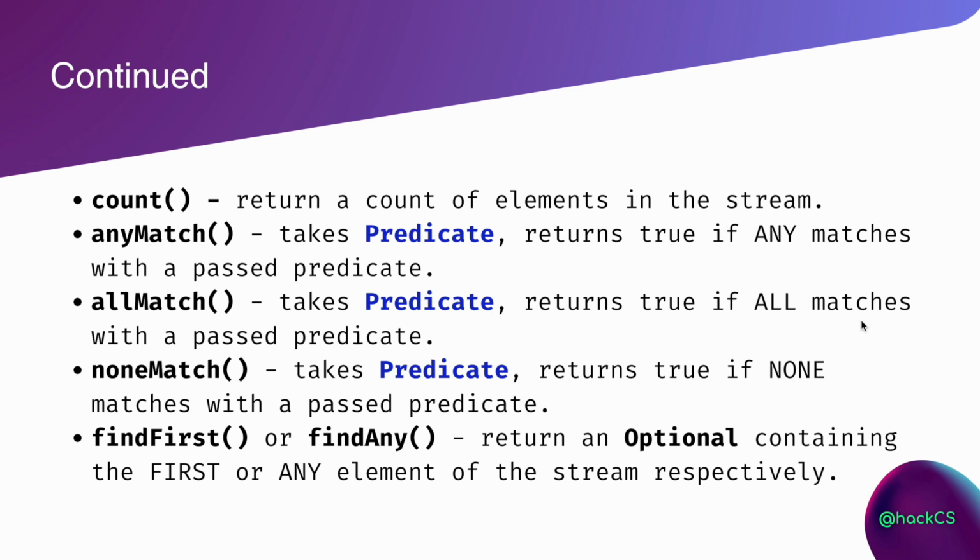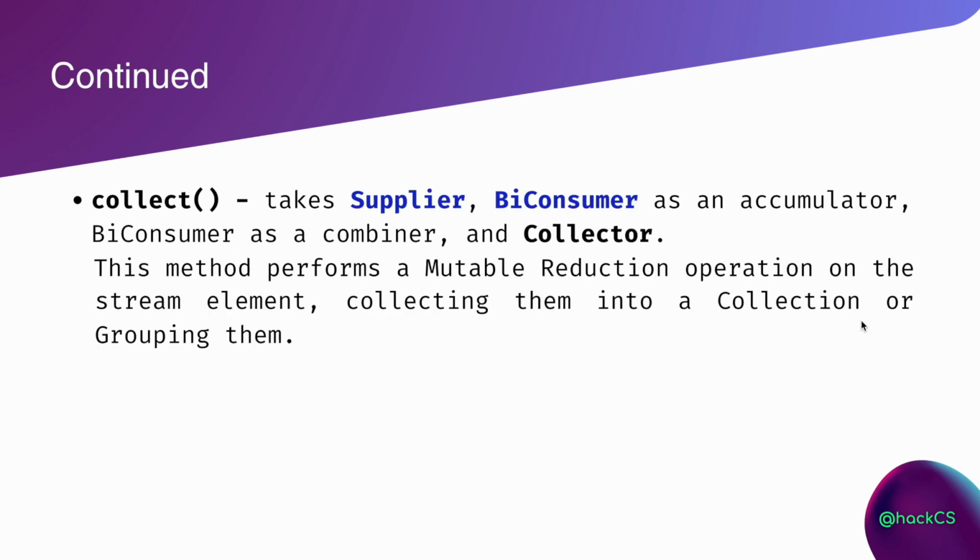findFirst and findAny return an optional, where findFirst will find the first value, and findAny will return any element found in the stream. Now collect is one of the most important methods of terminal operation.